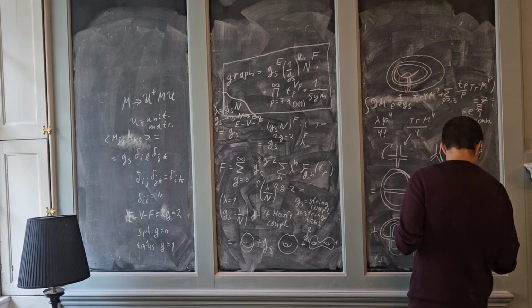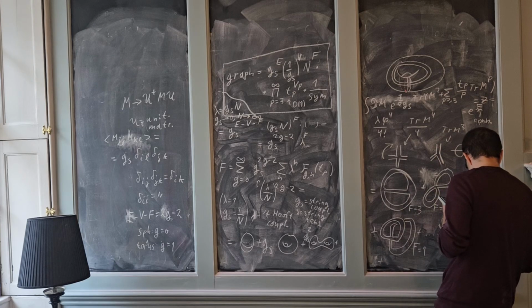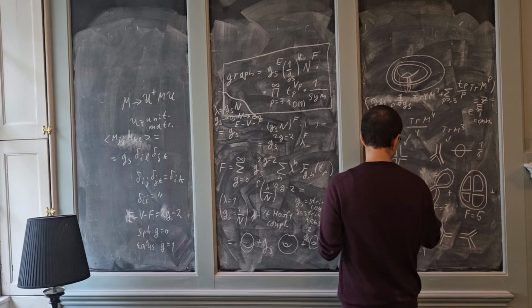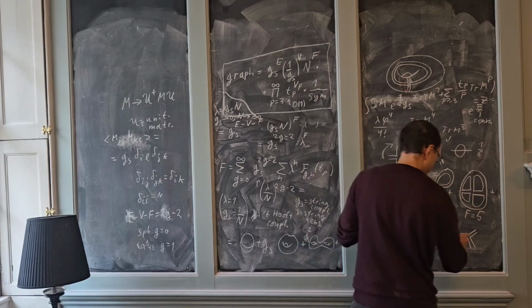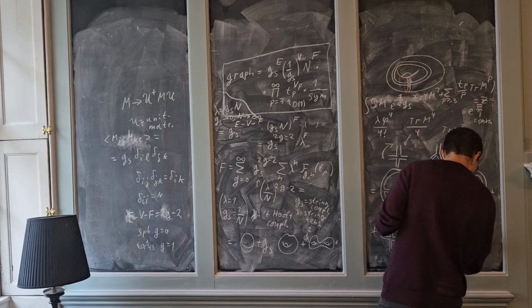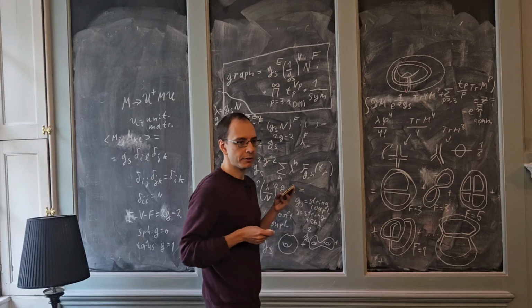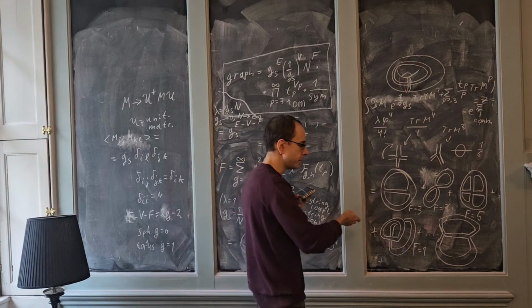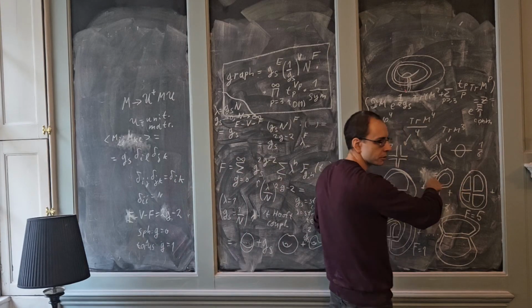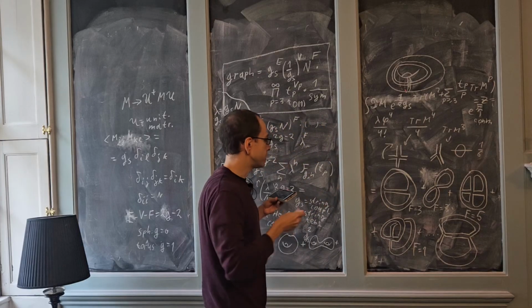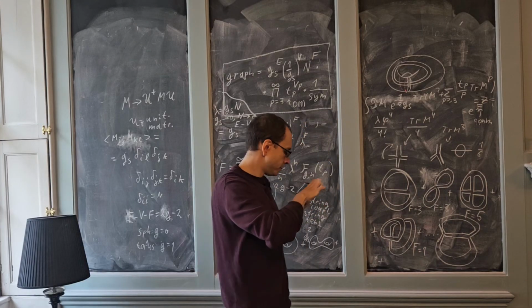So one is here, the other one is here. Like this. So then I contract them like this. Okay, I think that's a good question. So here I basically use a mix of cubic and quartic vertices. But in principle, you have all of them.